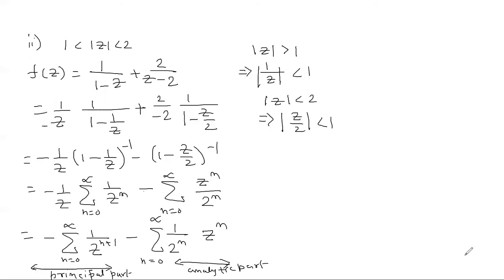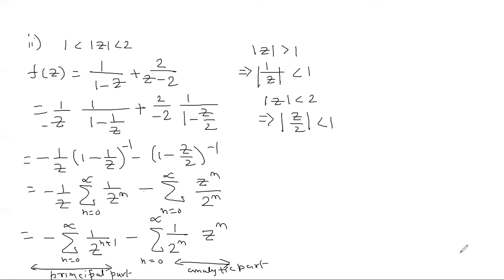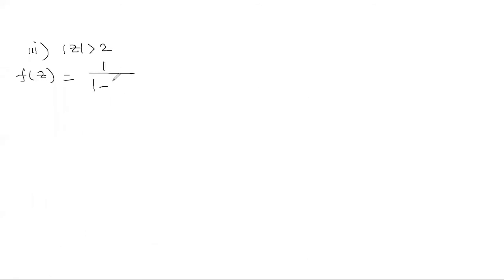So if mod z is strictly greater than 2, what is our f(z) given? f(z) is equal to 1 by 1 minus z plus 2 by z minus 2.